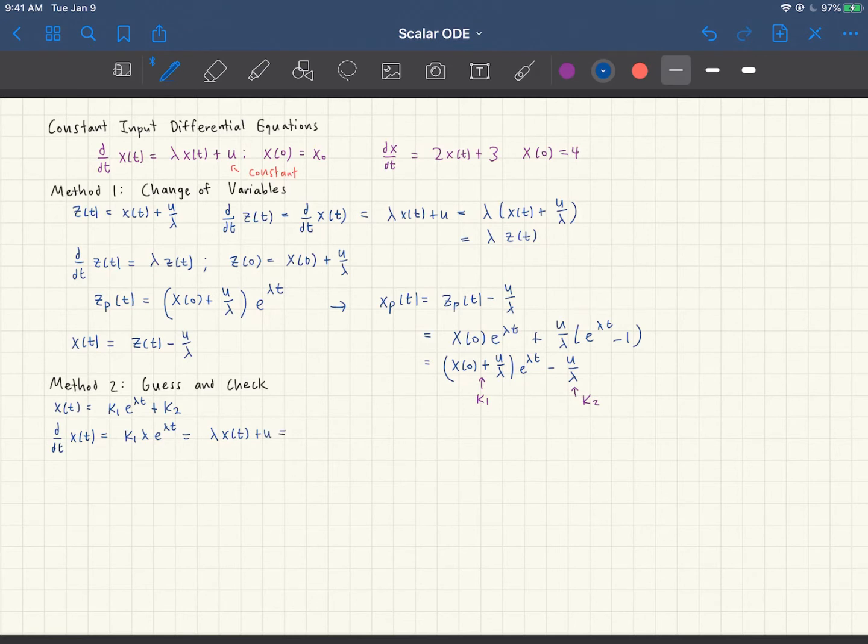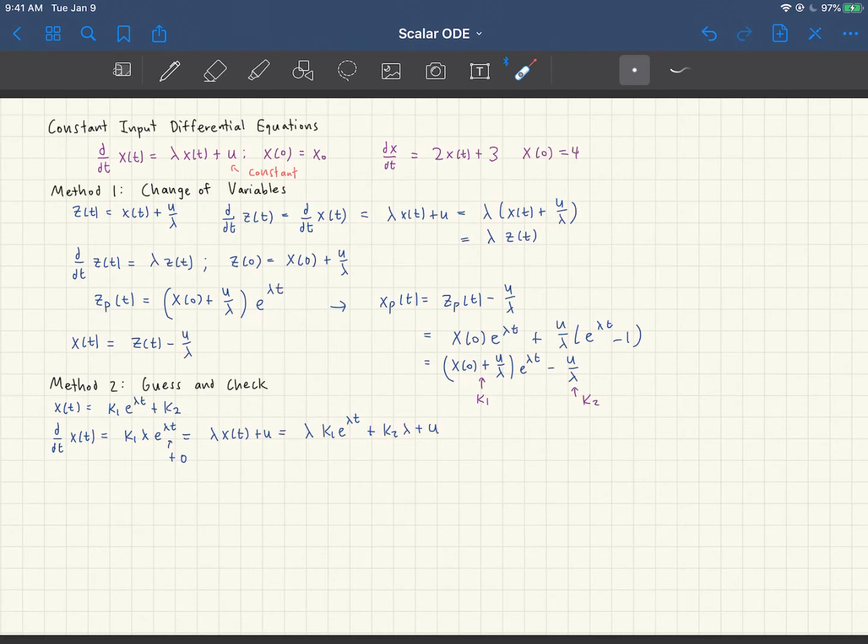Plugging everything in from x of t, this is equal to lambda k1 e to the lambda t plus k2 lambda plus u. Looking at the left and the right, we can see that k1 lambda is equal to k1 lambda, and then we have an implicit plus 0 here, so 0 is equal to k2 lambda plus u.